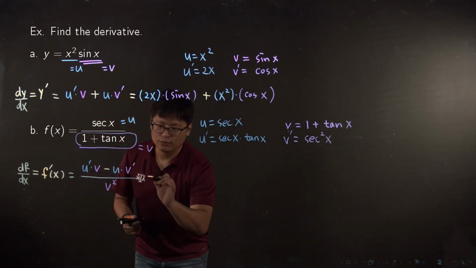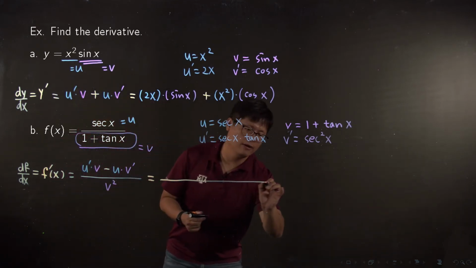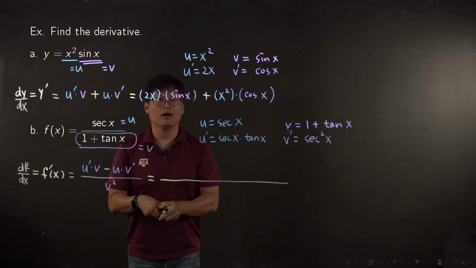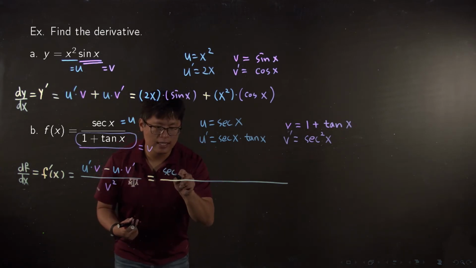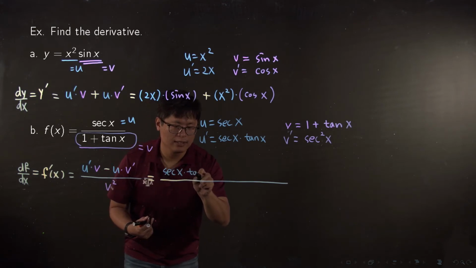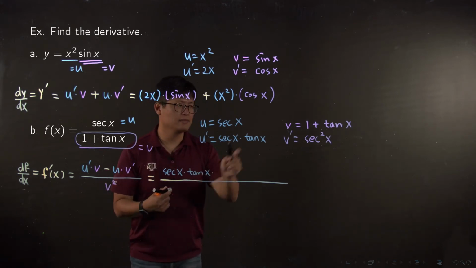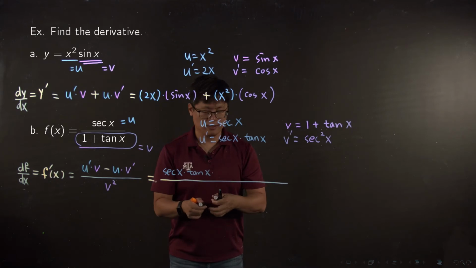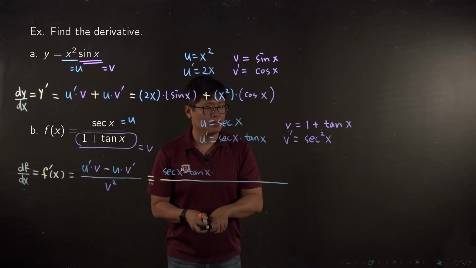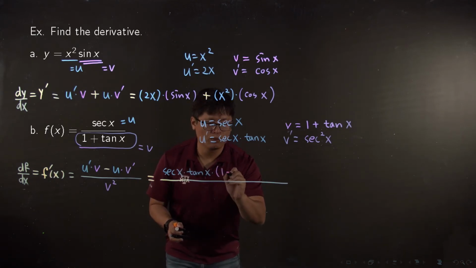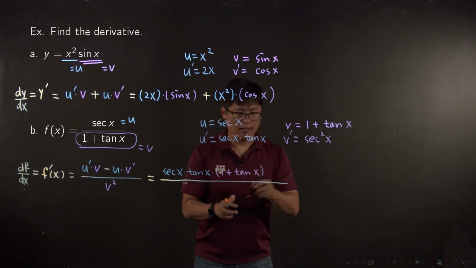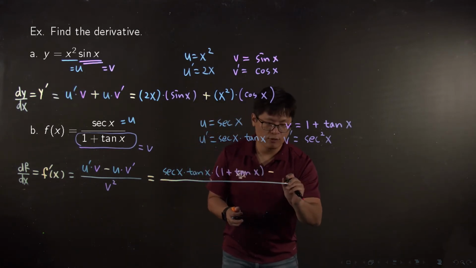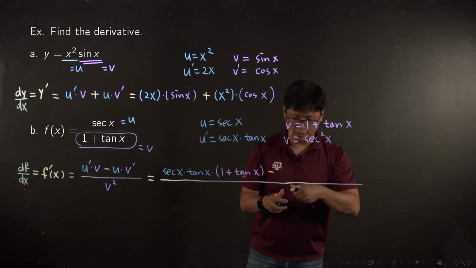This is equal to a big fraction. We need u prime, secant x times tangent x, times v, which is 1 plus tangent x, and it is minus because that is quotient. Let me extend more.